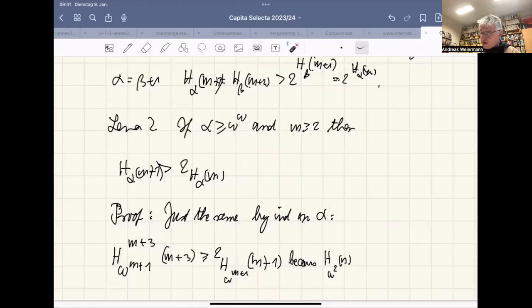We have here this function iterated m plus 3 many times. If you can show that this function here is permeating the exponential function, then here we have an iterate of the exponential function. So we get here an iterate, m plus 2 case iterate of the exponential function.